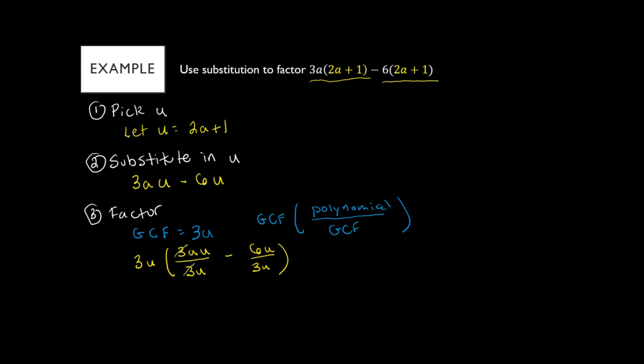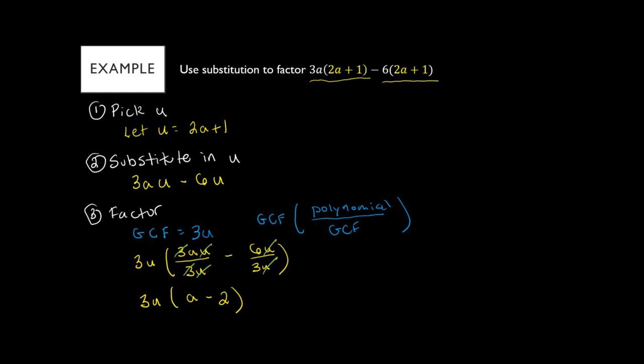Our 3's cancel out here, the u's cancel out here. I do have to divide the 6 over 3, but we end up with 3u, and then in parentheses, all I'm left with is a, minus, and then 6 divided by 3 is 2. So that's factoring out the greatest common factor.